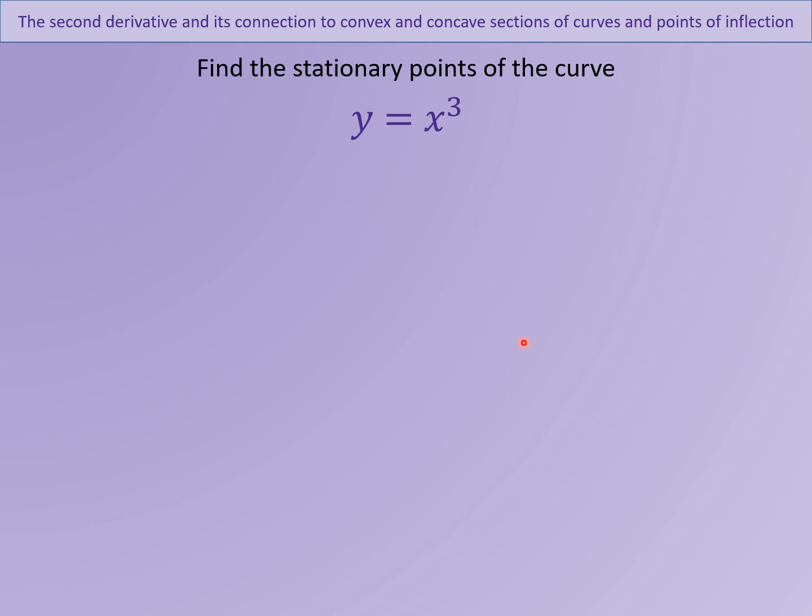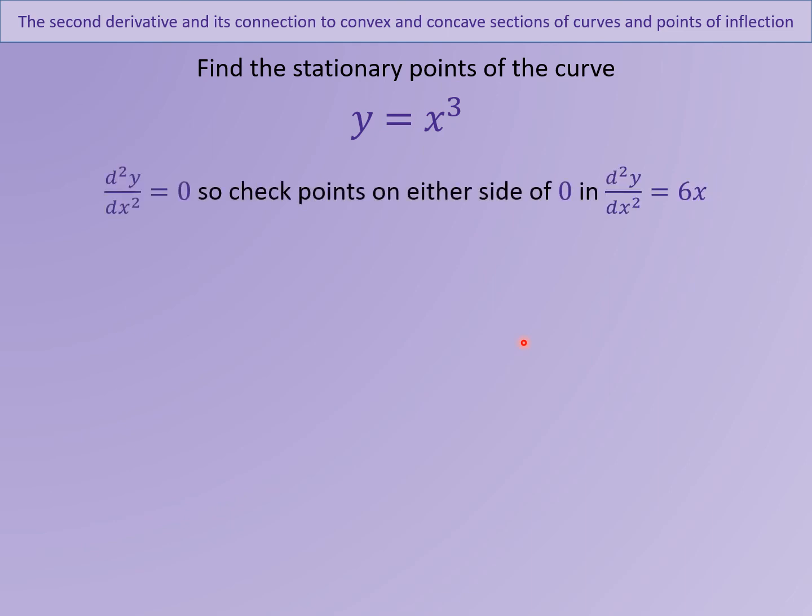Okay, so let's just have a look at this. We've got y equals x cubed. We know that x equals 0 was a stationary point. We just don't know whether it is a maximum, minimum, or stationary point of inflection. That's not good enough on its own. So we're going to check points either side of 0 because that was our x value, and substitute them into our second derivative formula. I'm going to use 0.01 and minus 0.01, two points very close to 0 but on different sides.